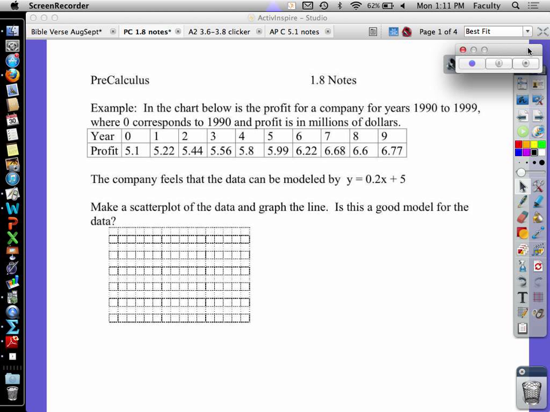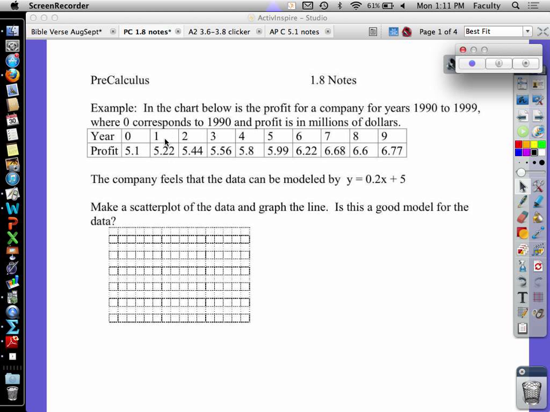1.8. In the first example, it says the chart below is the profit for a company for the years 1990 to 1999, where 0 corresponds to 1990, and profit is in millions of dollars. So in my table, the first column means in 1990 it was $5.1 million in profit.